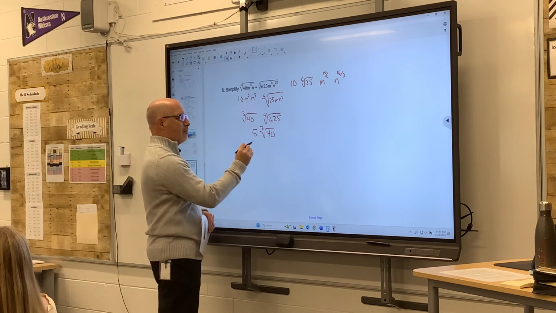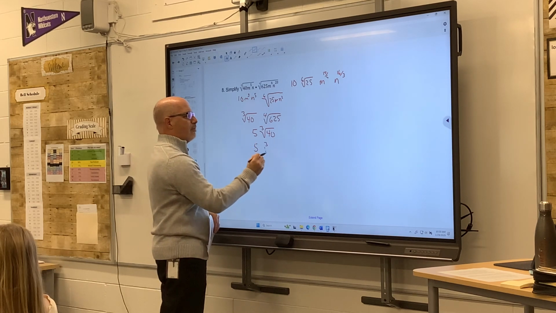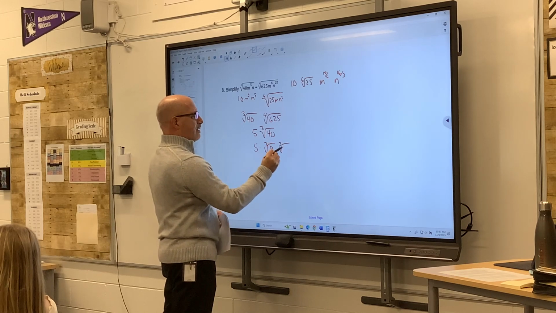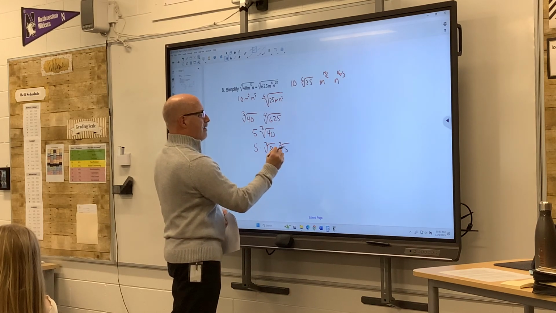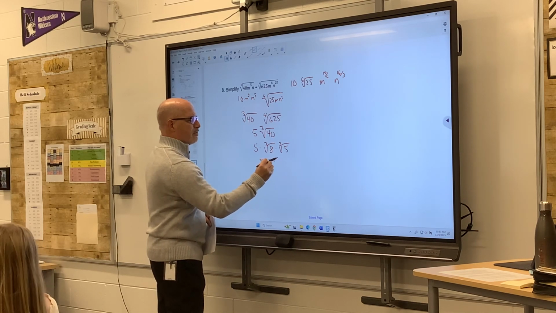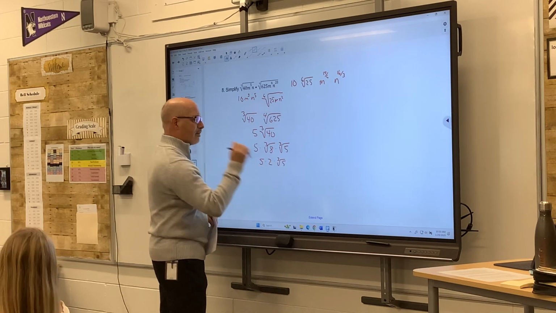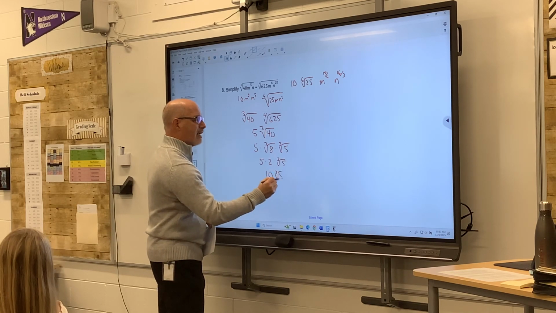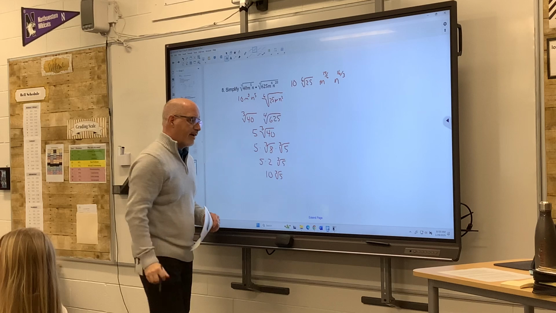Okay, so just the numbers, this is 5 times the cube root of 8 times the cube root of 5. So this is 5 times 2 times cube root of 5. Okay, so it's 10 cube roots of 5, which is the same thing as the 6th root of 25.